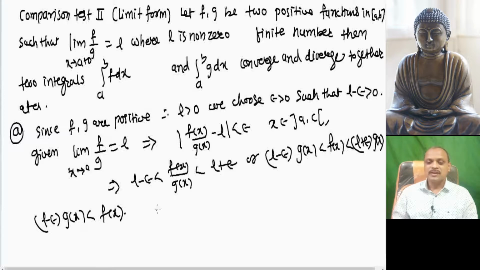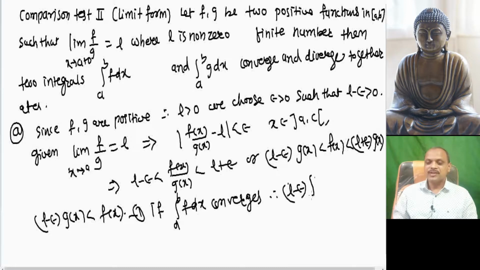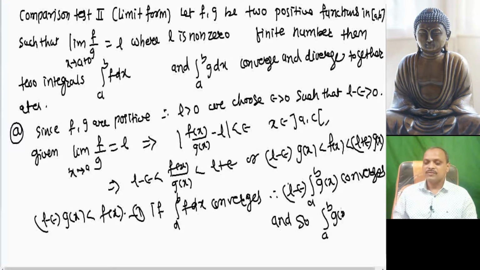So whenever the integration of f of x from a to b converges, by this equation the integration of L minus epsilon into g of x between the limits a to b converges, and as L minus epsilon is constant, the integration from a to b of g of x dx converges.